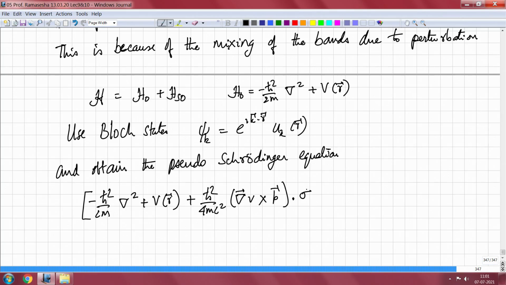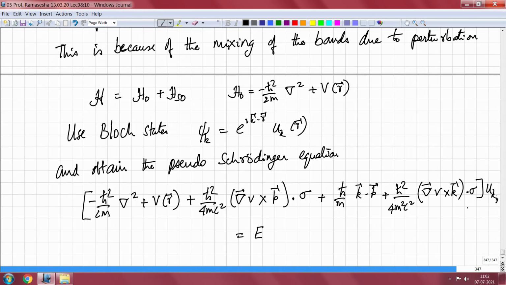dot sigma, where V you have to take the full potential, which is both the spherical potential as well as the asymmetric potential that you have, plus h cross by m k dot p plus h cross squared by 4 m squared c squared grad V cross k dot sigma, this times u of k is equal to E of this.